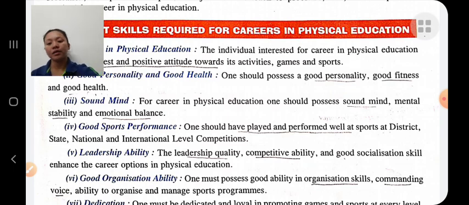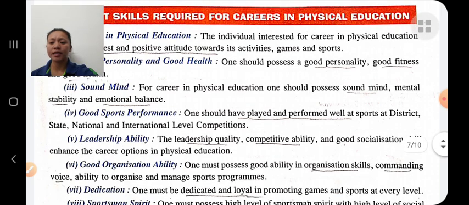Leadership quality. Leadership quality, competitive ability and good socialization skill enhance the career in physical education. You should have leadership quality so that you can lead your group.